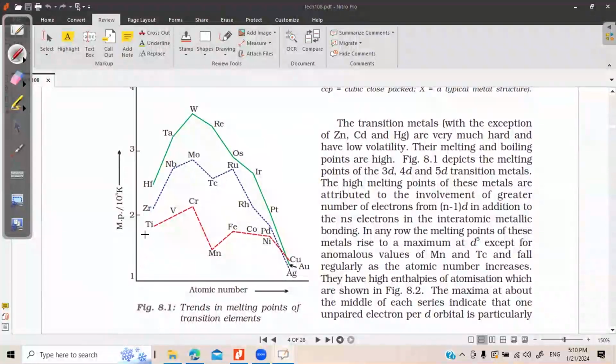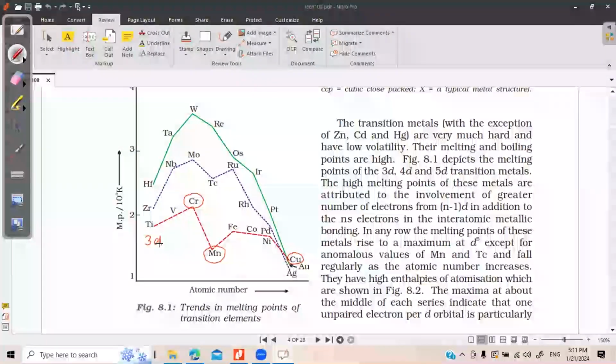What happens here? You can see that the melting point is increasing. Then there is a drastic downfall in the melting point. Then again it increases, then it becomes almost constant, and then it falls in the case of copper.